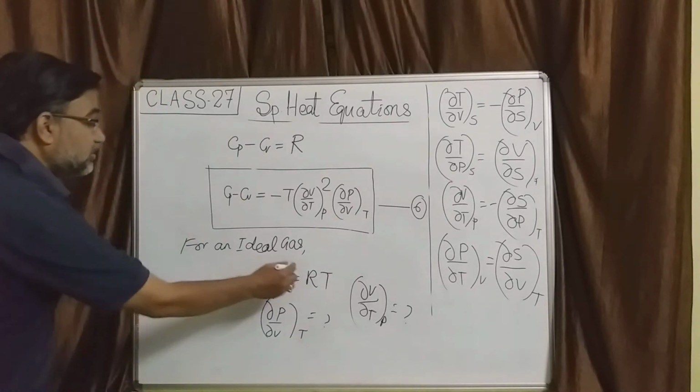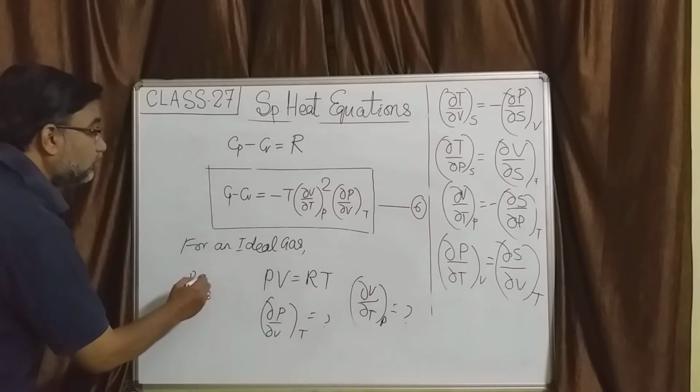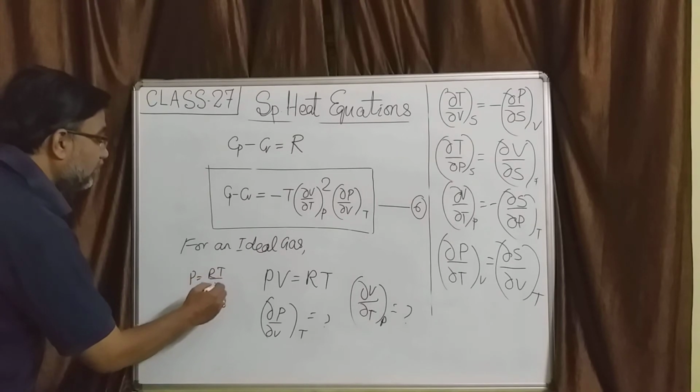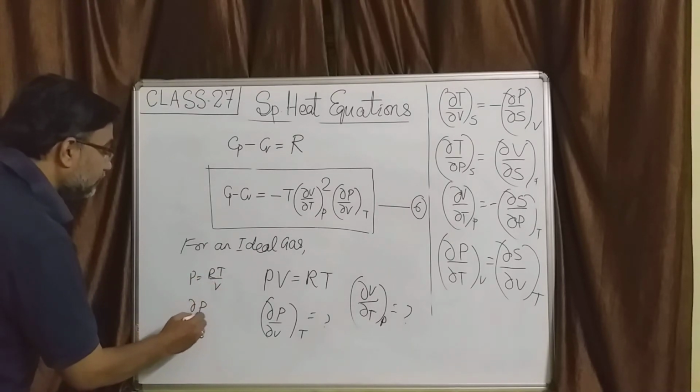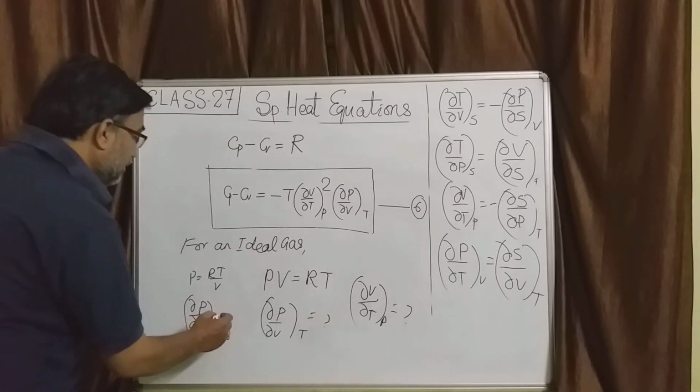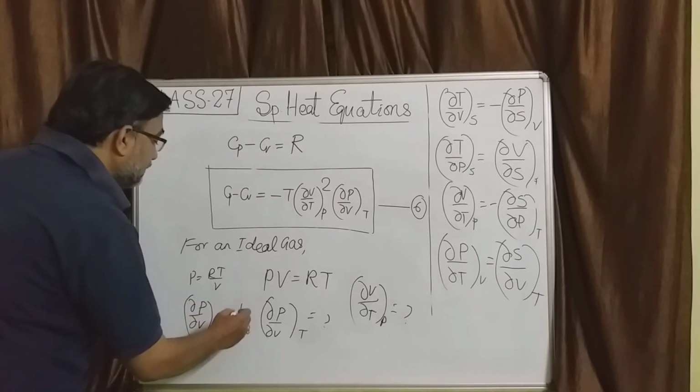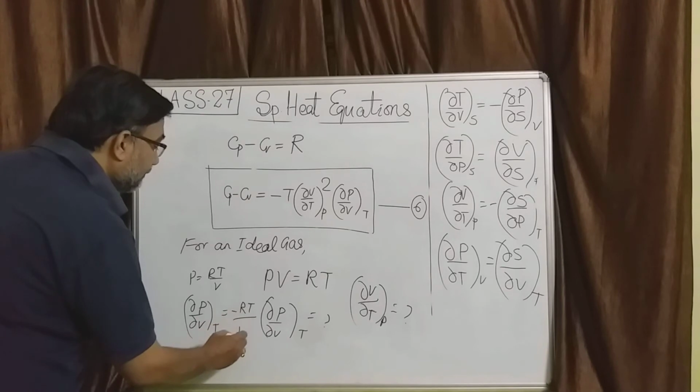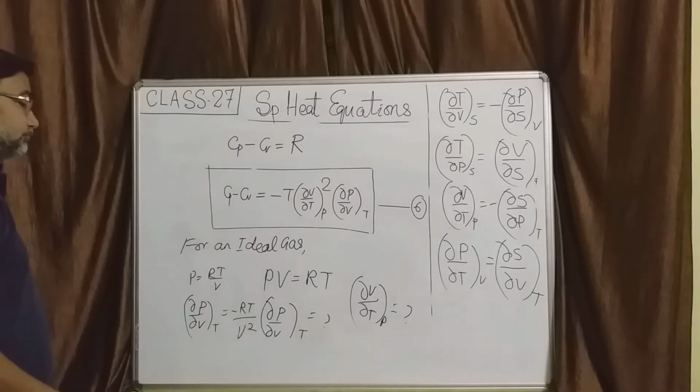Just for example, PV is equal to RT. So P is equal to RT by V. So del P del V at constant T will be equal to what? Will be equal to minus RT by V square.